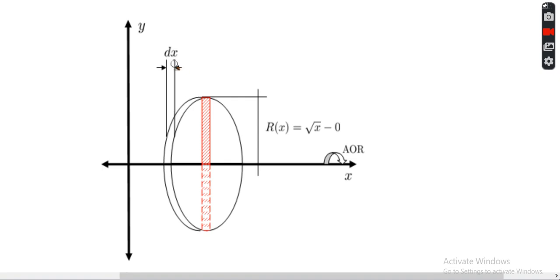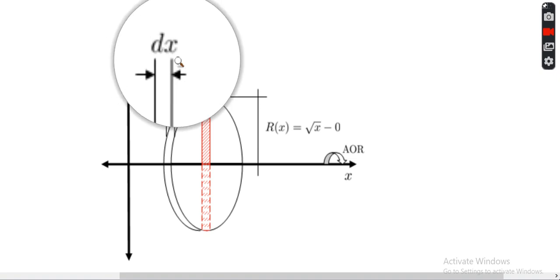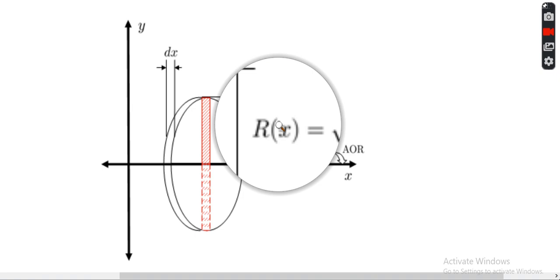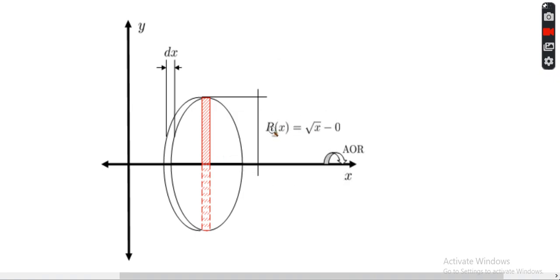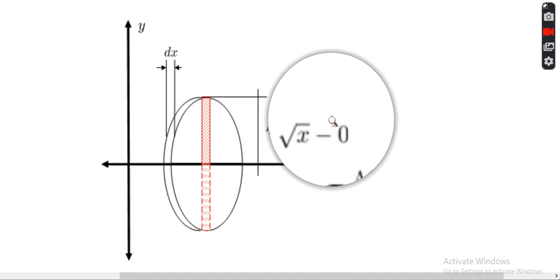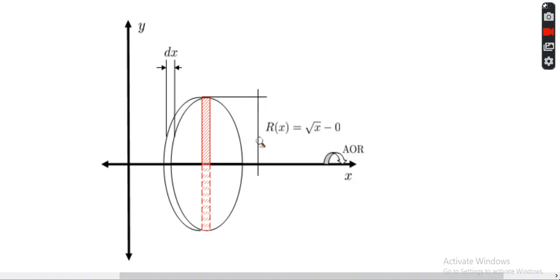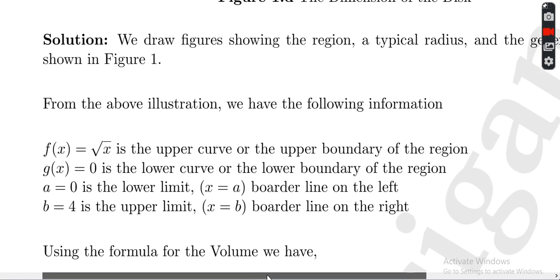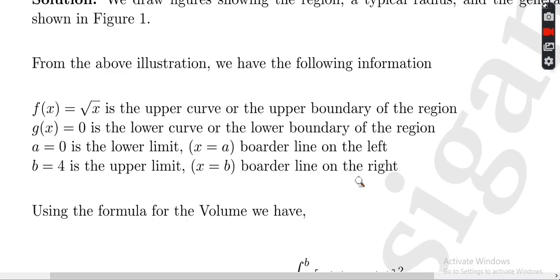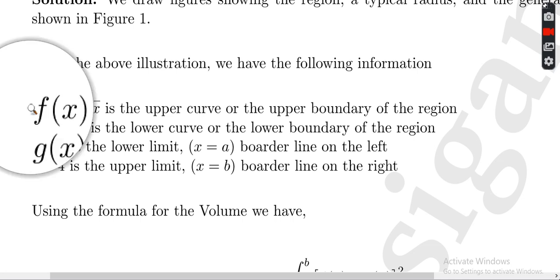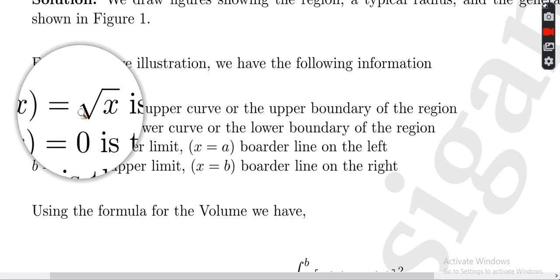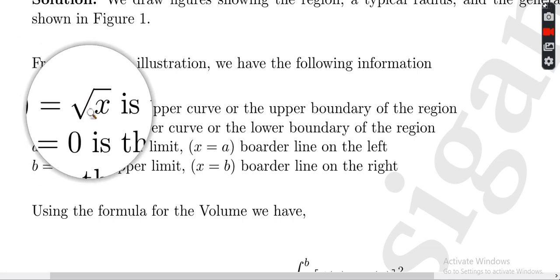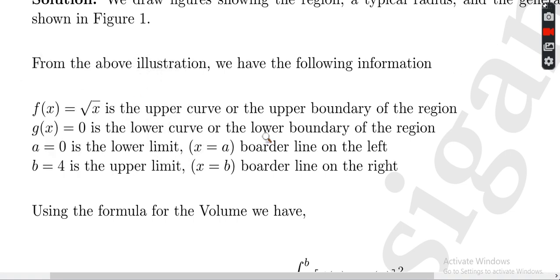Ibig sabihin, kung ang ating variable of integration is x, dapat yung ating radius ay naka-express in terms of x, at dapat mga variables natin dito is all x. Dito yung ating mga unknowns. So your f of x is again square root of x. That's the upper curve or the upper boundary of the region.